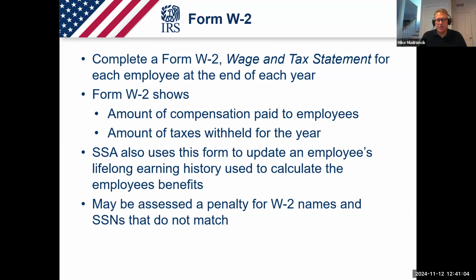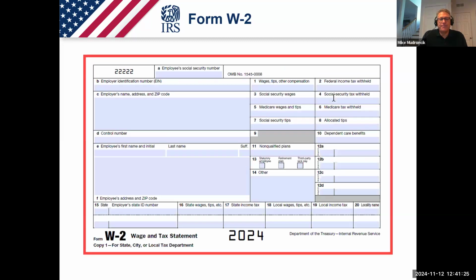Because this information is so important, you can be assessed a penalty for W-2 names and Social Security numbers that do not match. So it's important to verify Social Security numbers and names. Make sure you get that done correctly.